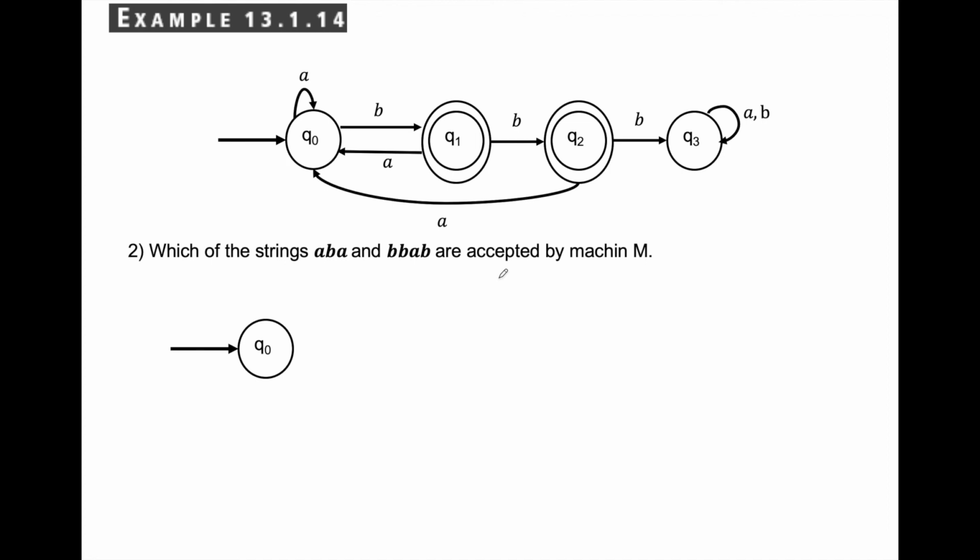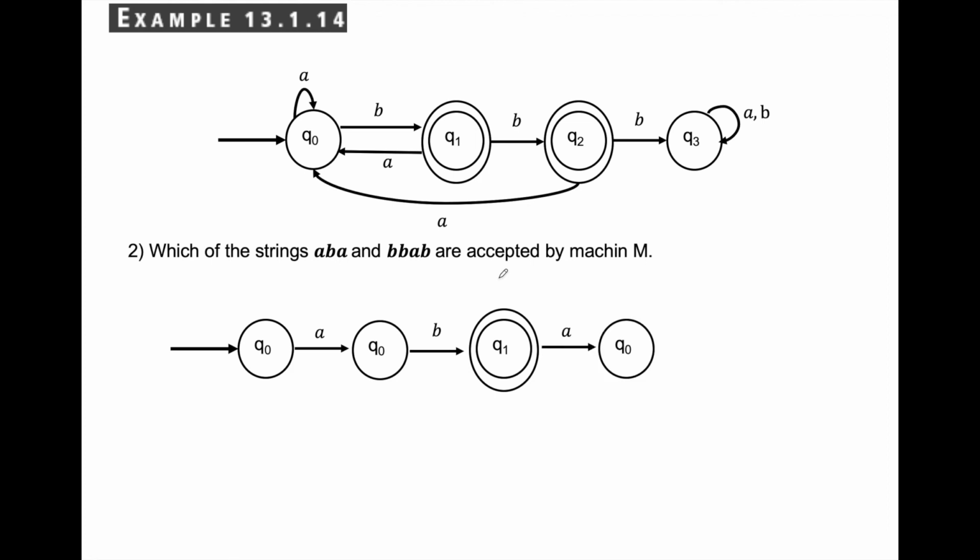Now A is entered to Q0, so it will go to Q0. Then B, it will go to Q1. Then A, it will go to Q0. And if you notice here, it doesn't reach the accepting state or the final state. That's why ABA is not accepted by machine M.